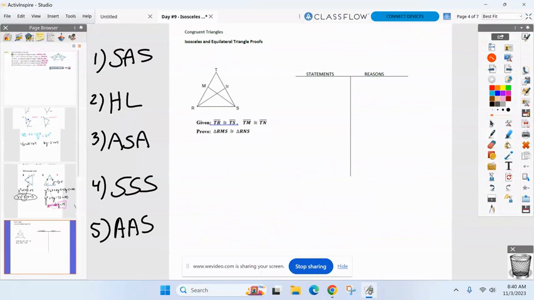Let's see what we got today. Before you start writing any statements and reasons, can you take a look at the triangles I'm asking you to prove congruent? And because they overlap, highlight them with your colored pencils, please, so we can clearly see which 2 we're talking about, since they do overlap each other.